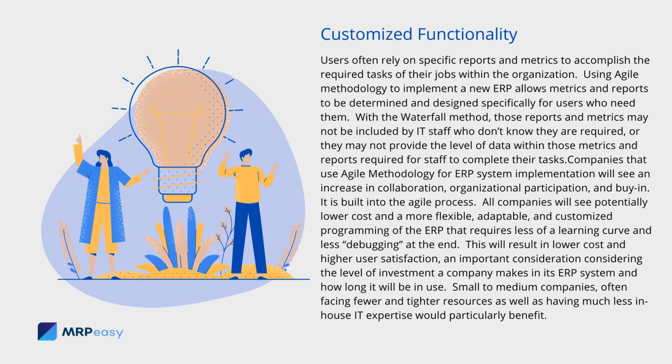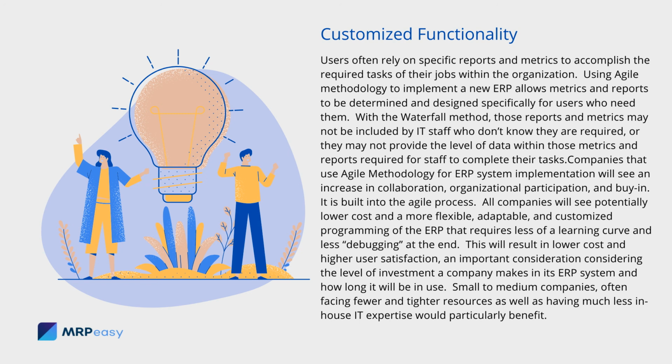Companies that use Agile methodology for ERP system implementation will see an increase in collaboration, organizational participation, and buy-in. It is built into the Agile process. All companies will see a potentially lower cost and a more flexible, adaptable, and customized programming of the ERP that requires less of a learning curve and less debugging at the end.